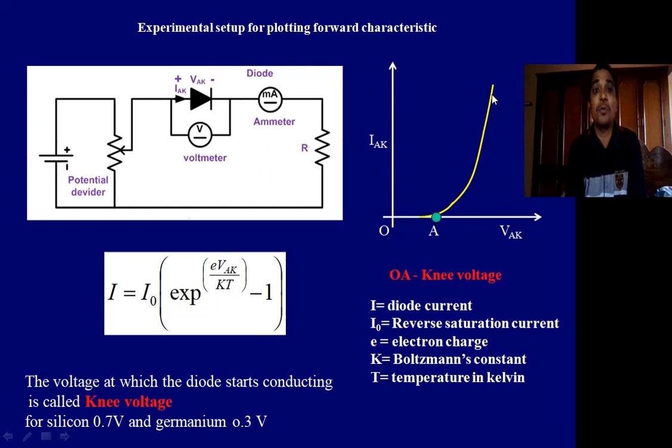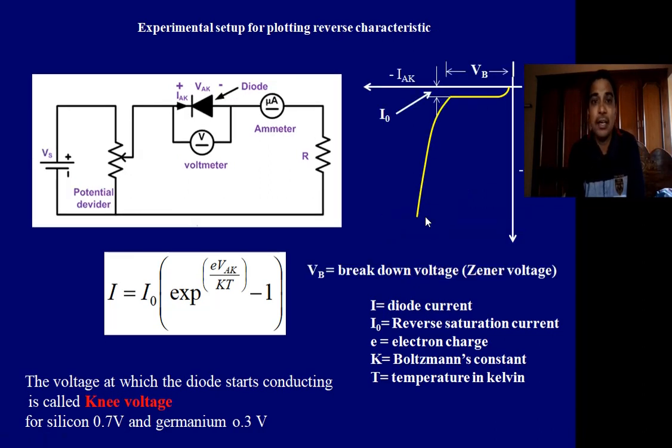It is exponential. Please remember the term exponential. The current I is equal to I naught, the reverse saturation current, times exponential of eV by kT, minus 1. This is the diode current equation. So knee voltage or cut-in voltage is the minimum voltage required to start the current across the diode.